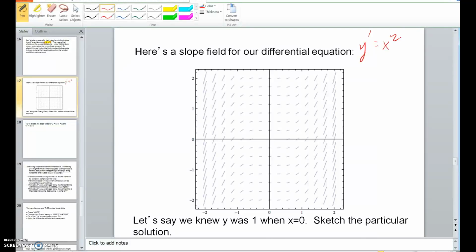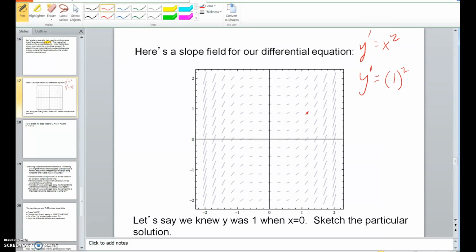So what we've done is add specific points here. I'll choose a point (1, 1), right here. So we've gone to the point (1, 1), and we've asked what is the slope at that point. We know y prime is equal to x squared, so at that point x is 1, 1 squared.